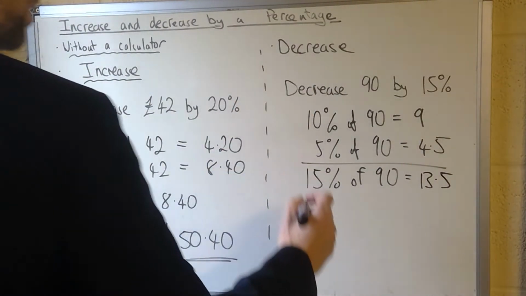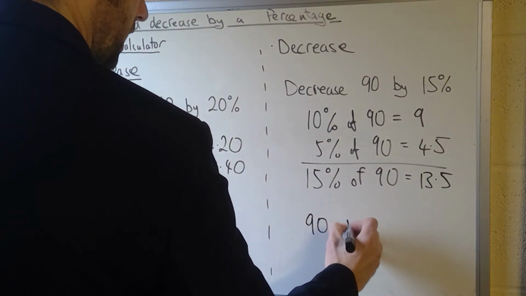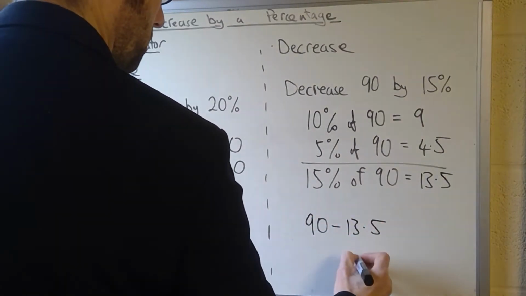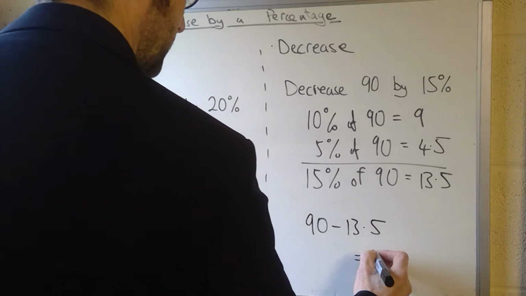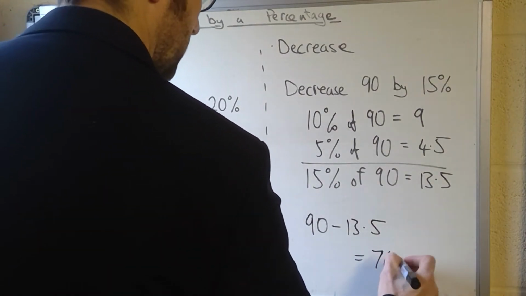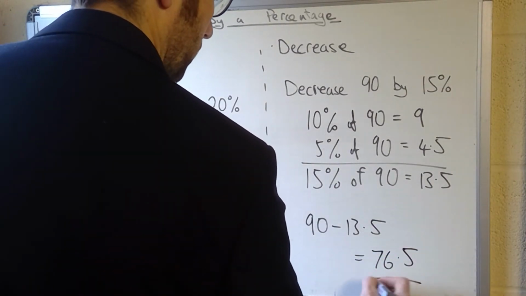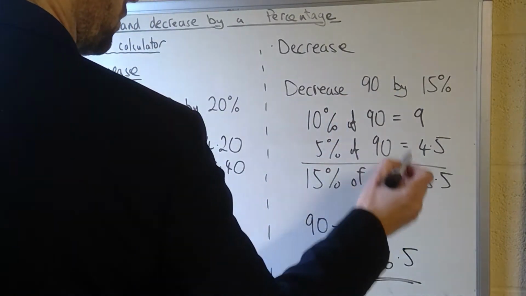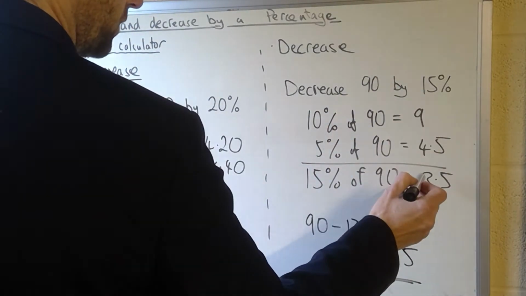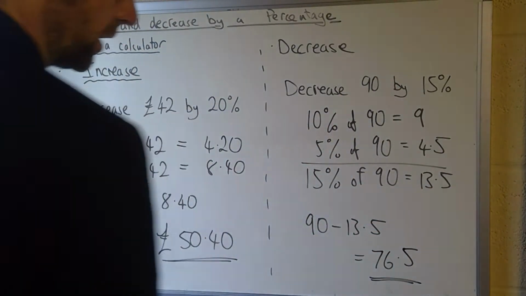So to do the decrease, I'd do 90 and then I'd subtract 13.5, which is 76.5. So I've decreased by subtracting my 15% away from my original.